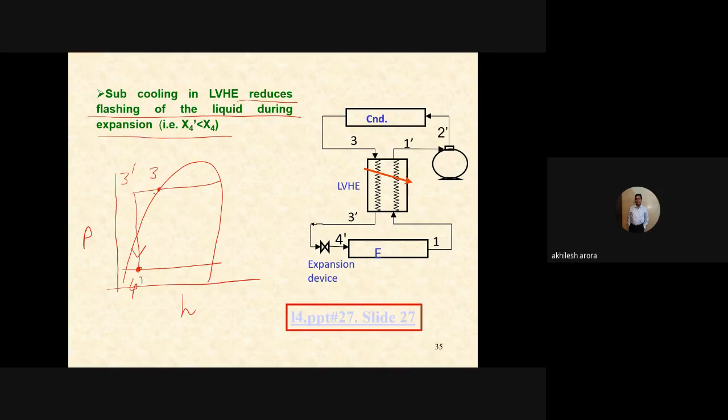If there is no liquid vapor heat exchanger, the process of expansion would have ended at 4. So now this is x4 dash and this is x4. x4 dash is less than x4. So the flashing has actually reduced. That is the advantage of employing a liquid vapor heat exchanger.